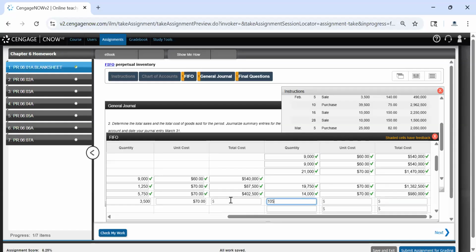And we're going to have 10,500 units remaining, also the $70 inventory. 3,500 times 70 is $245,000. And 10,500 times 70 is 735,000. And that's our ending inventory balance.